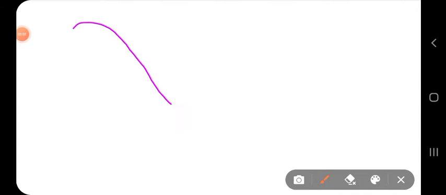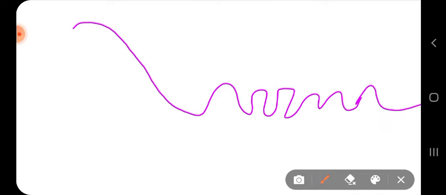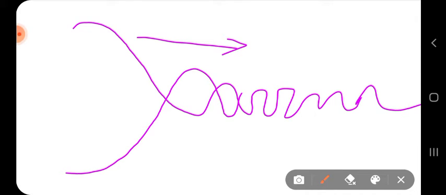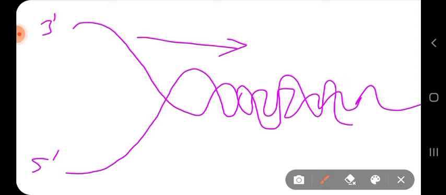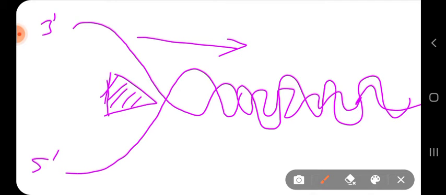If this is the replication fork, unwinding by the helicase, as it is moving from 5 prime to 3 prime direction, helicase is moving in this direction ahead of this replication fork.